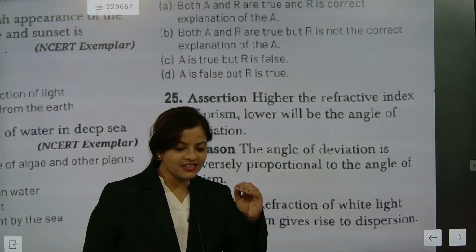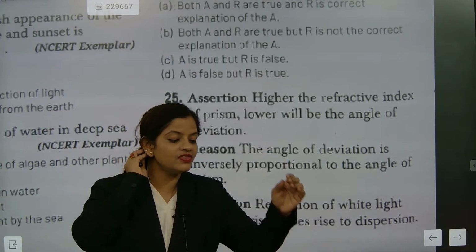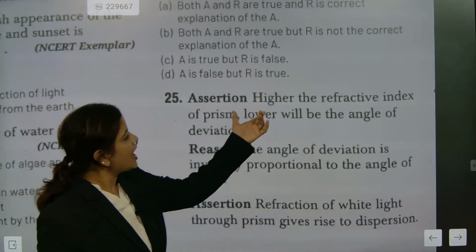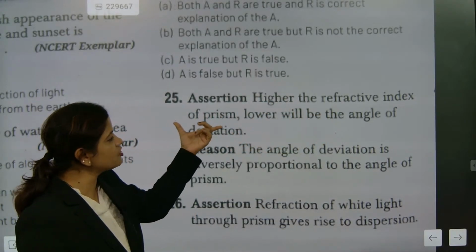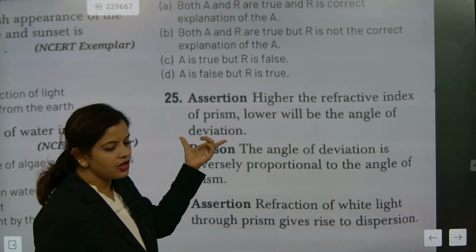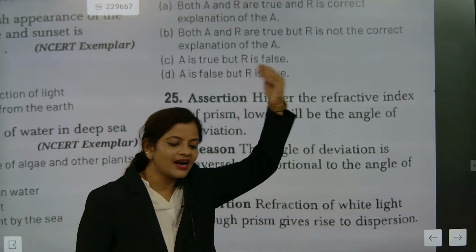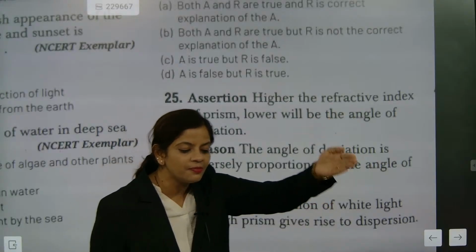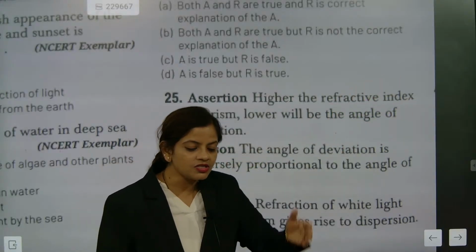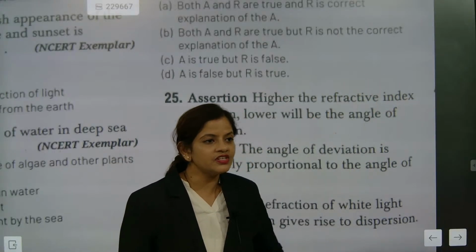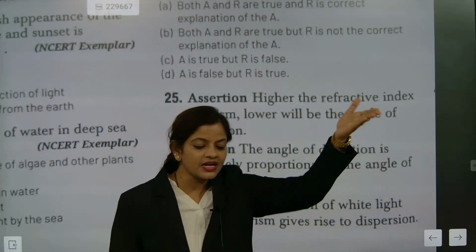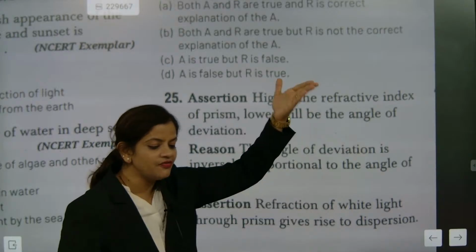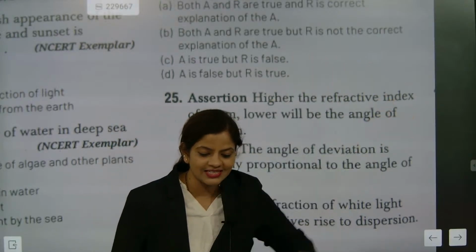Why? Because there is a single phenomenon I taught in the class, you people forgot that. Shame on you people. Higher the refractive index of prism, lower will be the angle of deviation. No. Refractive index higher means deviation will be more, because the speed will become very less as optical density is high. This is the phenomenon I taught. Optical density high means refractive index more, deviation more, speed less.